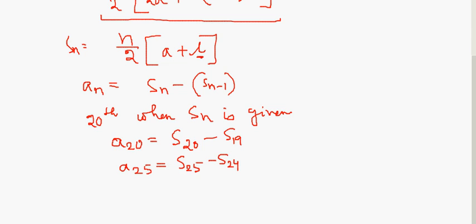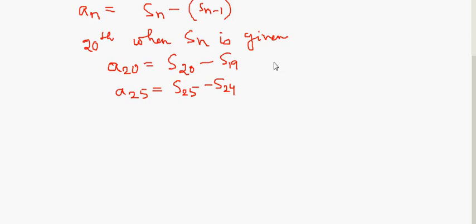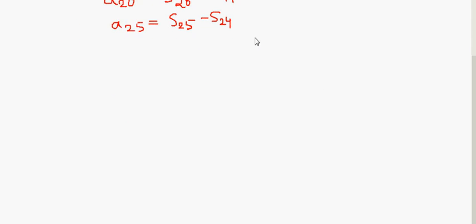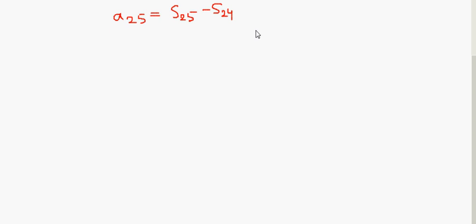Now, based on this information, as well as assuming that you know details about the an formula, we will be taking up a few questions. The first one I take up is, let me just write down the question first. Find the sum of the first n odd natural numbers.